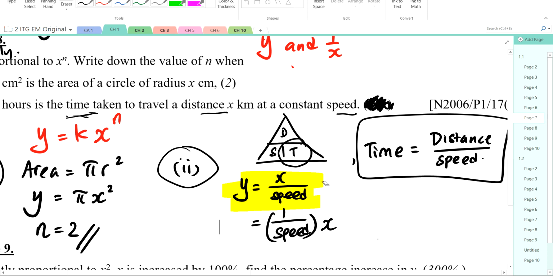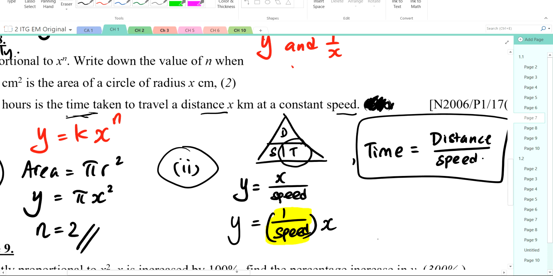This thing over here, is it a constant or a variable? Constant. 1 divided by a constant is still a constant, right? It's like 1 divided by 5. It is always equal to 0.2. It can't be anything else. It is a constant.